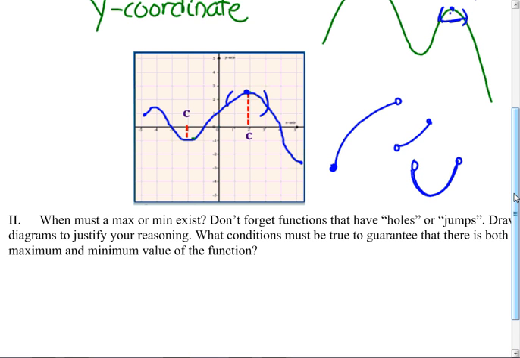That's what's going to happen on the exam. This is an absolute minimum, but is there an absolute max? No. What's wrong with this one? Well, what could I do to fix this?